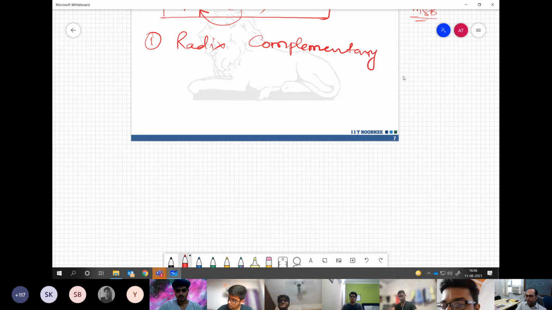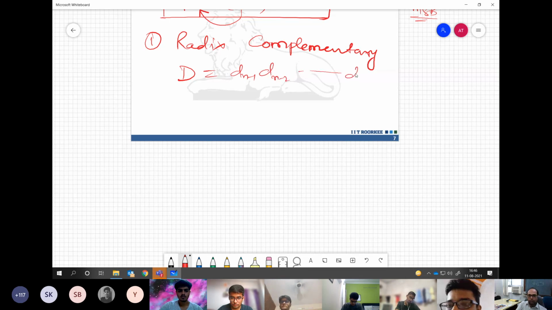And this is true in general for any number system. Let us say any number d is given, which has n bits: d(n-1), d(n-2), and so on up to d1, d0. And we have to write the complementary of this.